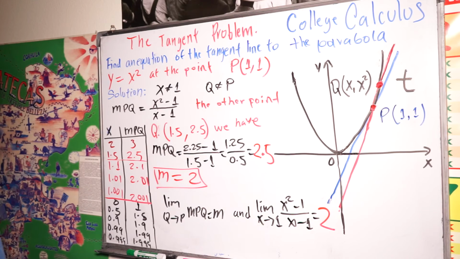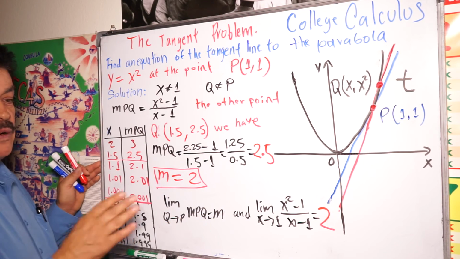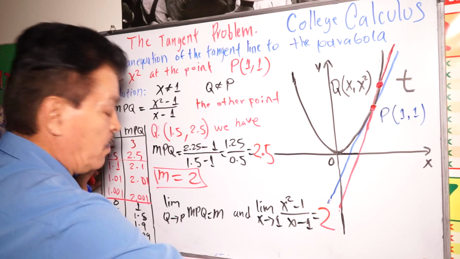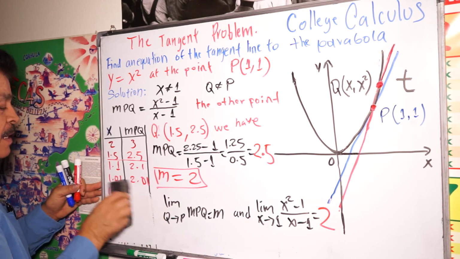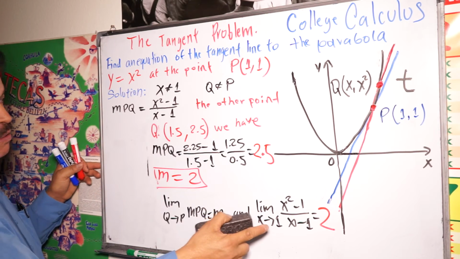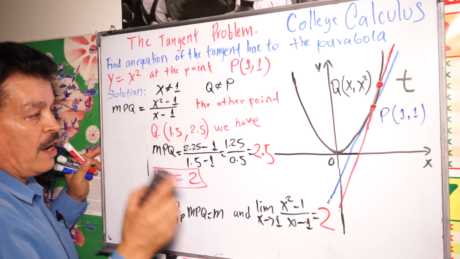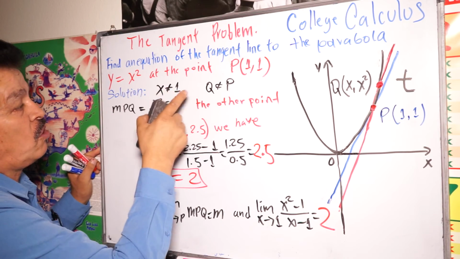So this means that the slope is equal to 2. Once we have the slope, it's easy to find the equation of the tangent.